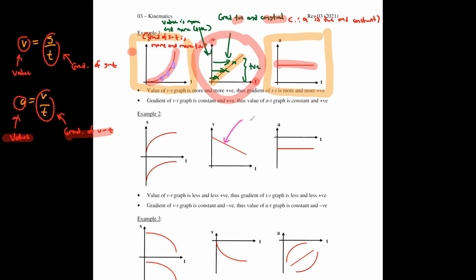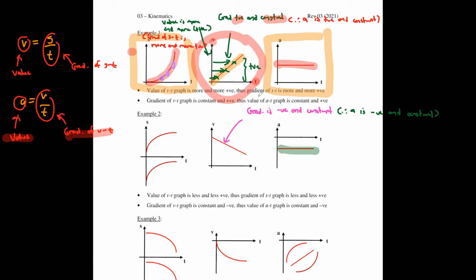This one, I can say that the gradient is negative and constant. So likewise, you can say that therefore A is negative and constant, which in turn gives you this.